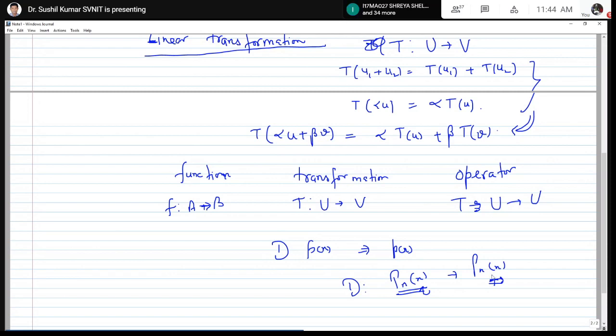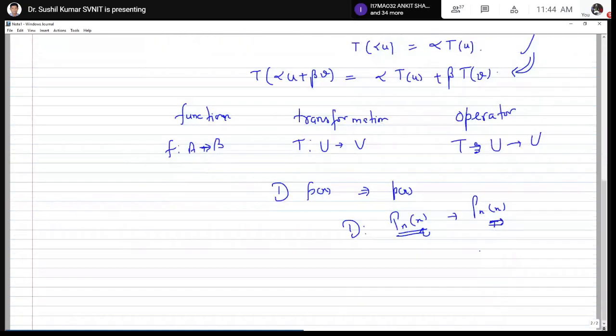So if you take one vector space of exponential functions, you operate a derivative, then the answer will also be exponential function. For trigonometric function, again it is trigonometric function. So if your transformation is from same vector space to same vector space, means U to U, then it is called operator. So it is differential operator. In the same way, we have integral operator, the integral of f x. It is also called as operator, not an integral transformation. Okay.